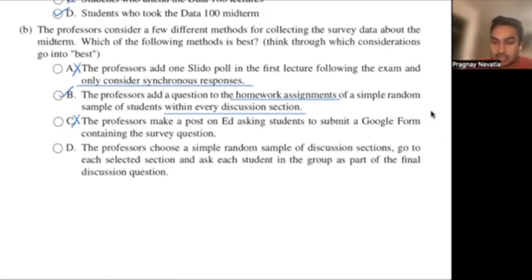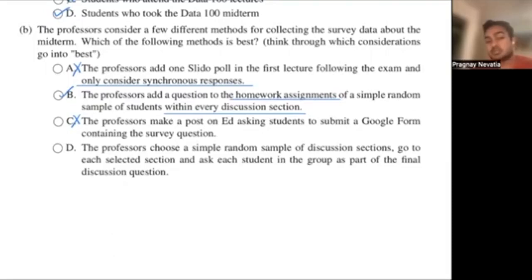And then part D is where professors actually go to a simple random sample of discussion sections and ask students in the group about what they think. So while this makes sense and there's a lot of randomness involved, you're going to discussion sections. The problem is that they might not get an accurate measure of the exam's difficulty because of social pressure.